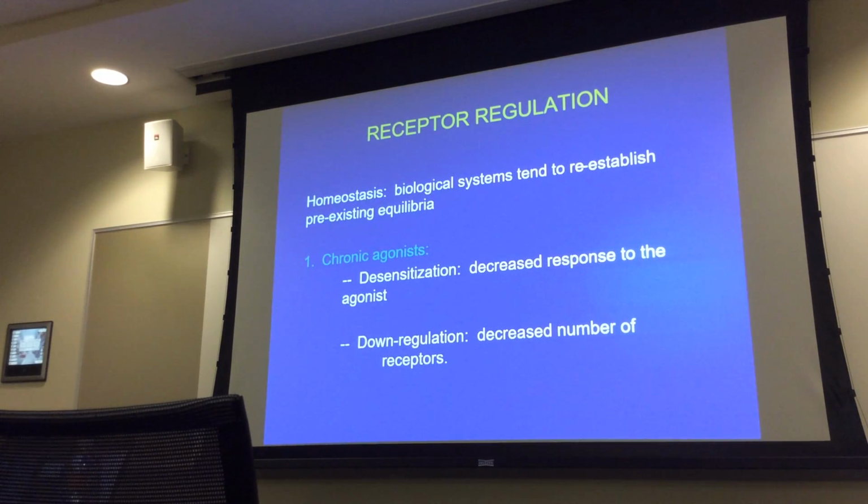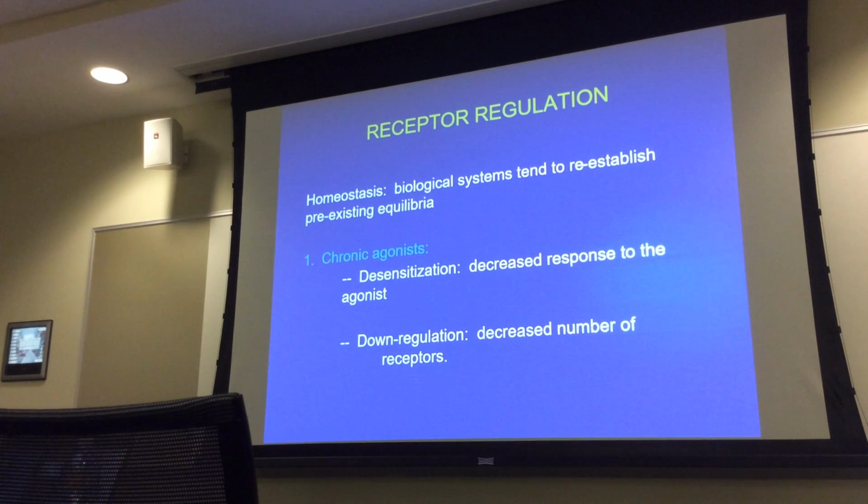Desensitization is normally reversible. Sometimes it's very rapidly reversible, sometimes it's slowly reversible. But once you eliminate the chronic exposure to the agonist, under many circumstances, the receptor will switch back to normal again. I'll show you the molecular mechanisms of that later.